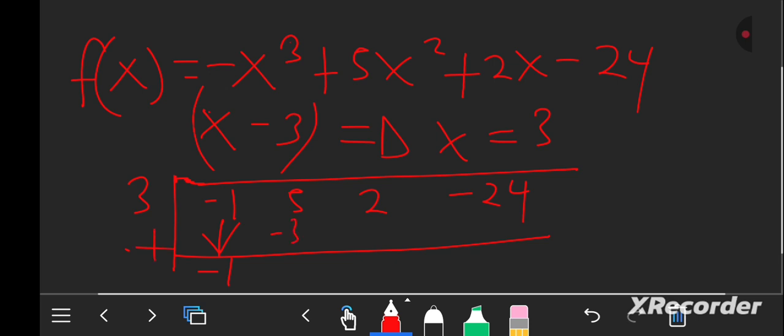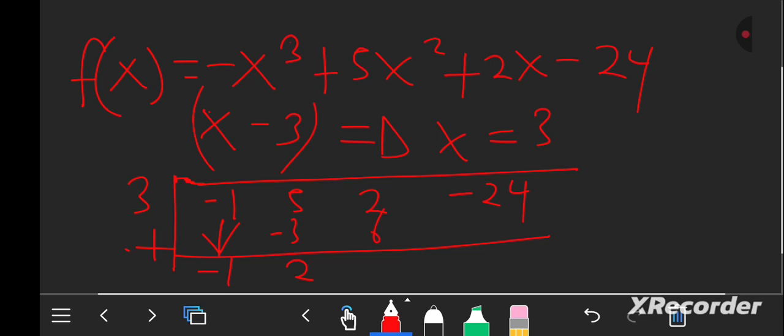So the operations you apply here are just addition and multiplication. So you add 5 plus negative 3, same as 5 minus 3, and that will be 2. At this point, we're going to multiply 3 multiplied by 2, and 3 multiplied by 2 is just 6.